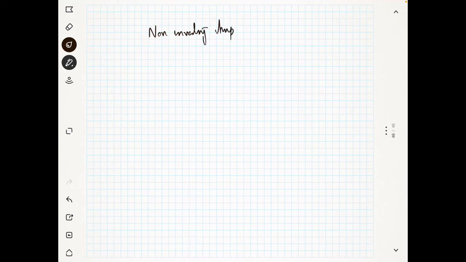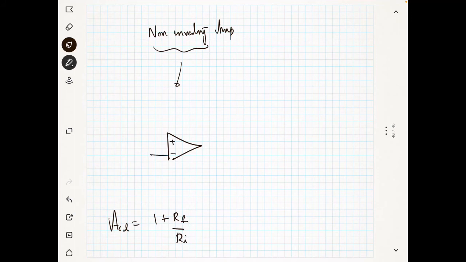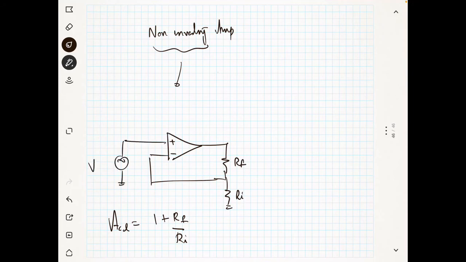Here actually we are controlling the gain. The closed loop gain is 1 plus Rf by Ri, and you have plus minus, and this is Rf and this is Ri, and this is V in and this is V out.